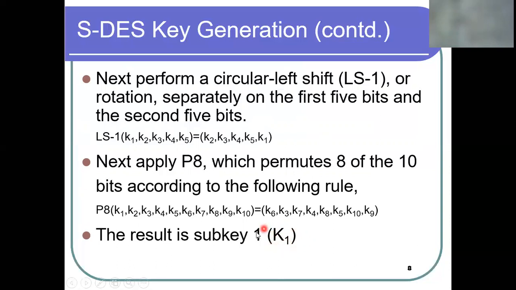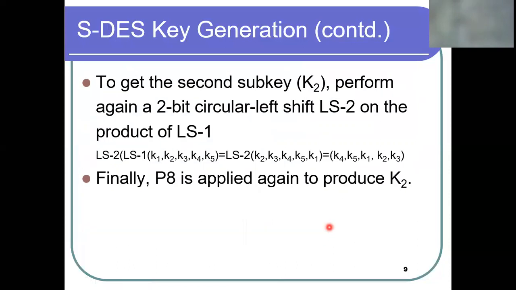The first sub key is of length 8 bits. Similarly, if you apply a two times circular shift to get the second sub key k2, perform again a 2-bit circular shift, then apply this one, and then finally apply P8 again, so you will get k2.